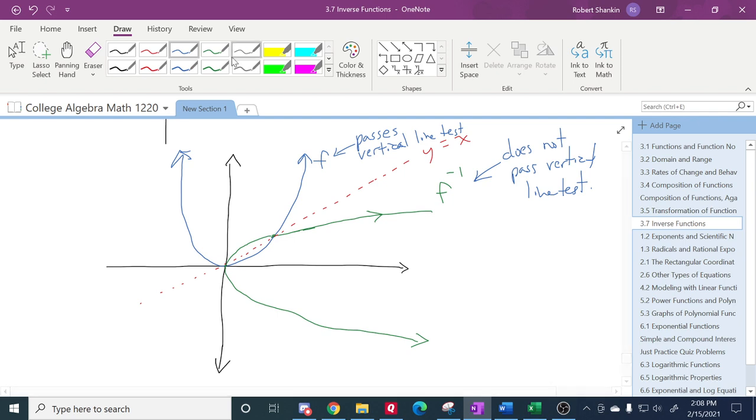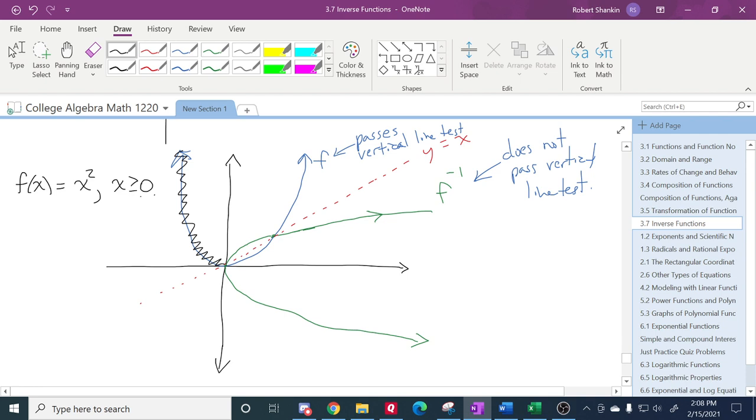What we do is we make the original function f of x equals x squared, but we restrict it so that only the right half of it is part of the function. What that does is it wipes out this portion.